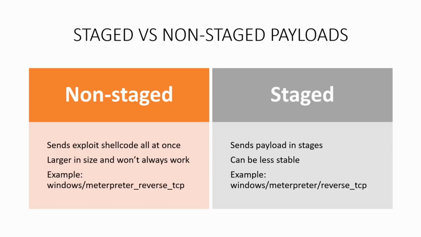This is going to become very important very quick, as we will attempt an exploit very soon and it's not going to work. And then we're going to change the payload and it's going to work beautifully. So the takeaway is, if you have a payload that does not work, maybe try the other type of that payload.